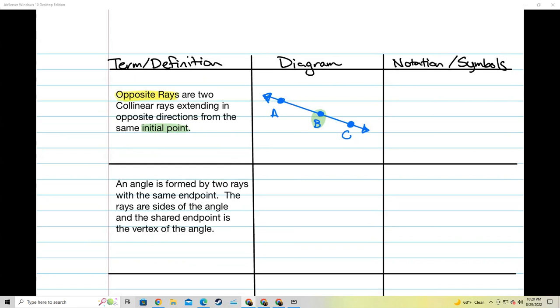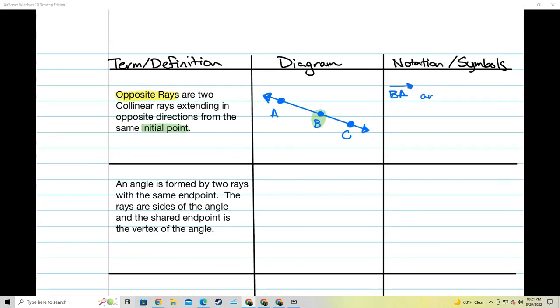Okay, so let's talk about this first ray. This first ray that I saw, we said it started at point B and it went towards A. So if I'm going to describe this ray, the first one, I would say ray BA. There's my first ray.